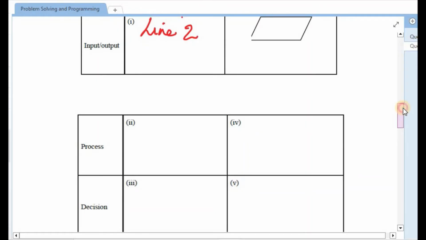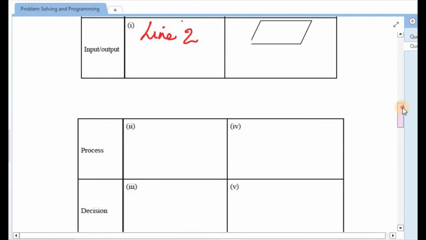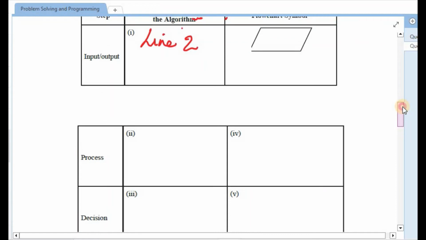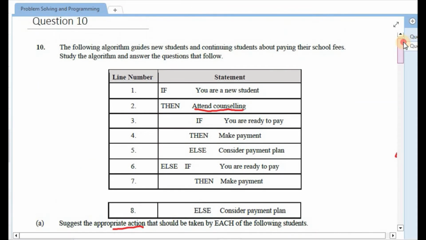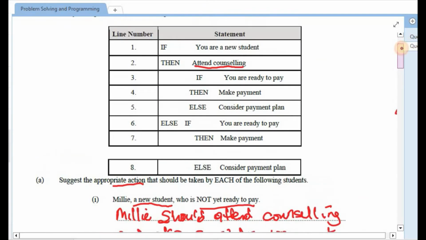Second one is a process. Which line can we find the process and what's the symbol that represents a process? So a process is where the calculation is taking place. Which of these lines would be able to provide some form of calculation? And line 4, I believe they would have to complete the calculation for the payment.